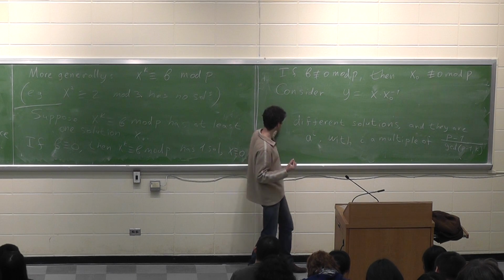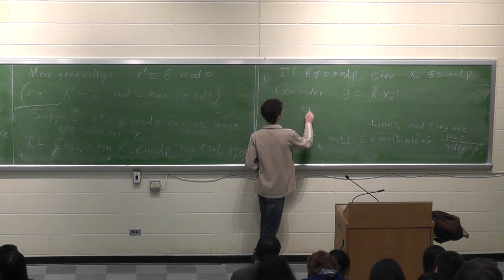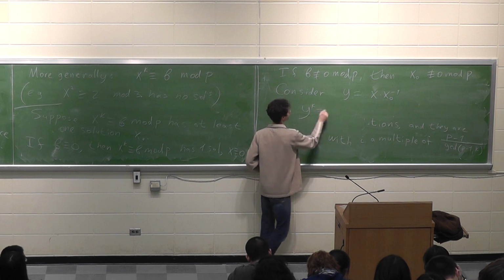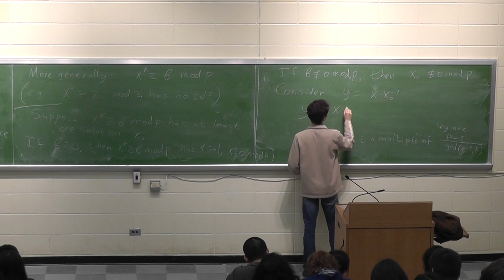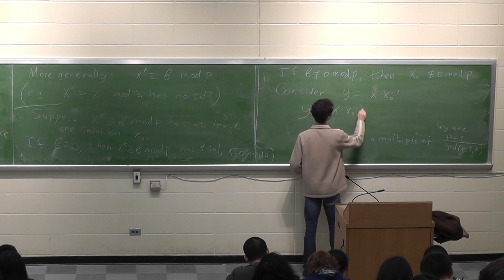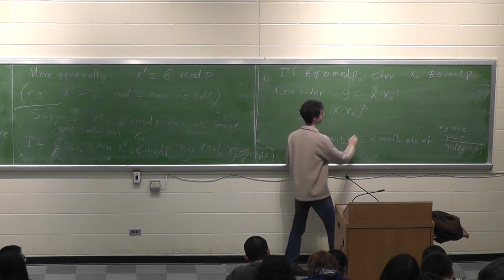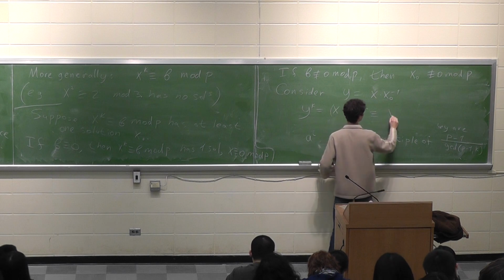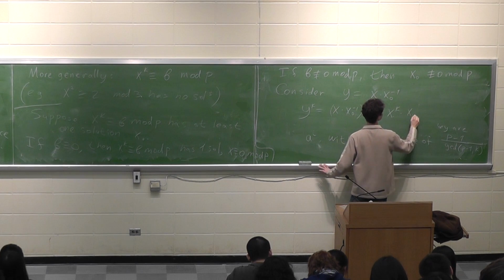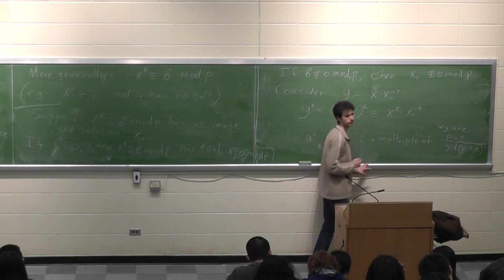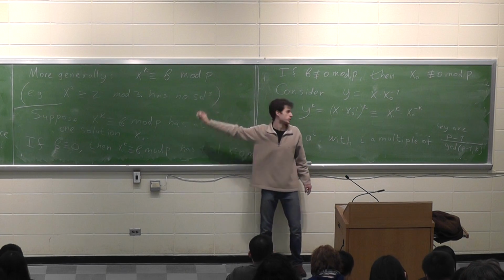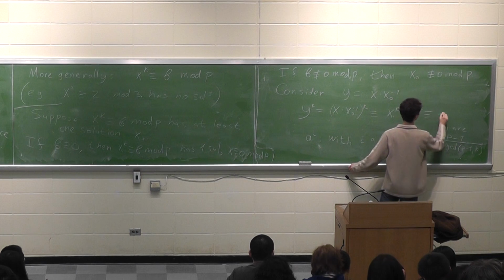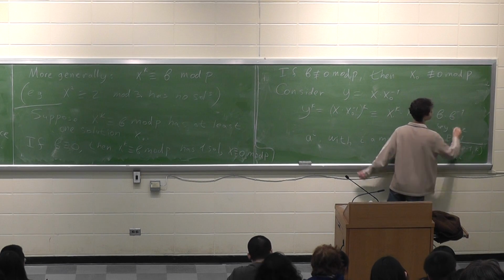This number y raised to the power k, what is it? It's x times inverse of x naught raised to the power k. In other words, it's x to the power k times x naught to the power minus k. But I know that both of them are solutions of this equation. So it is b times inverse of b.